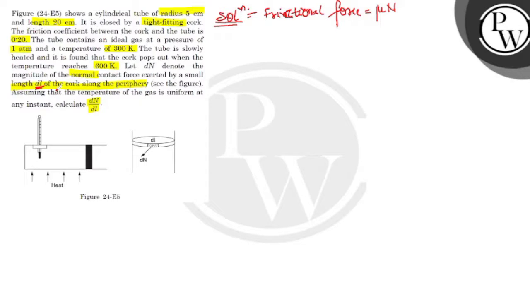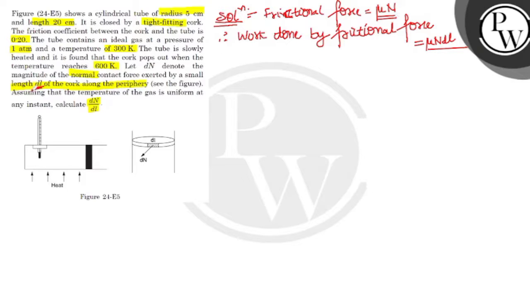So work done by frictional force is equal to mu N dl. This is the frictional force and this is the small length by which the cork moves along its periphery.